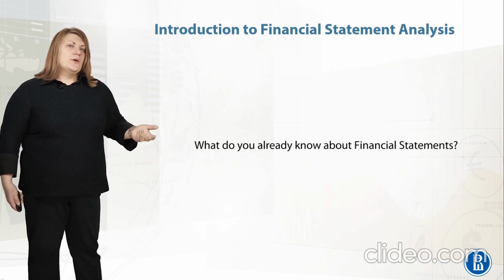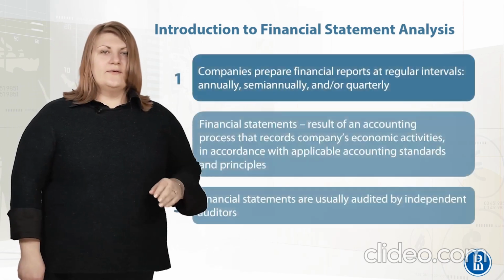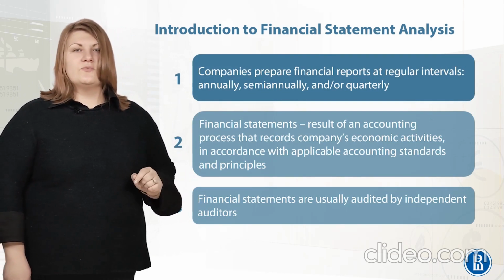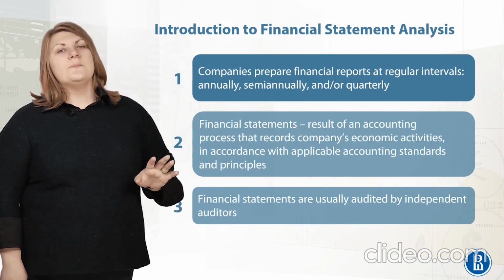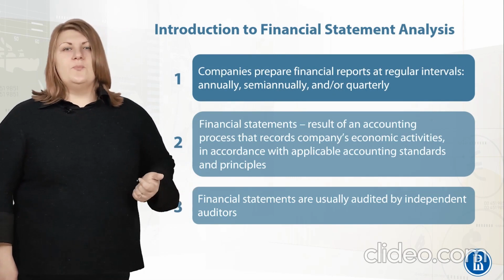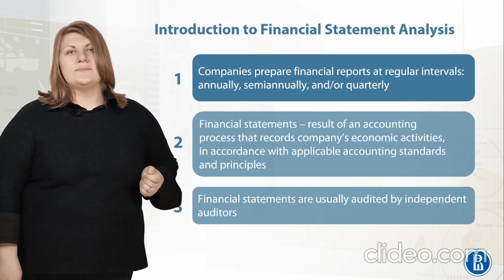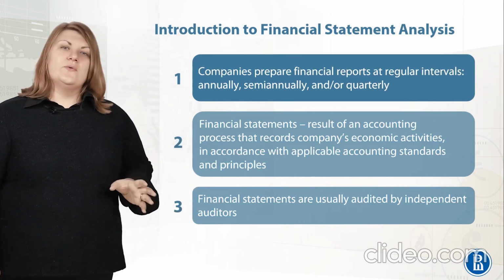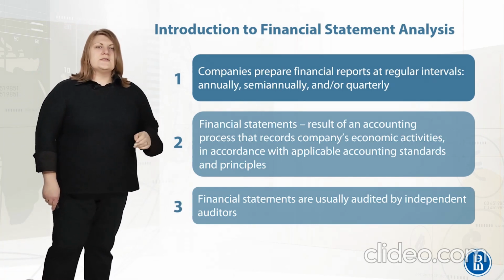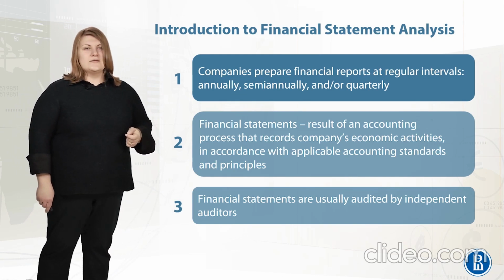Now, what do we already know about financial statements? Let's have a look. We know that companies prepare financial reports on a regular basis, which means that they will issue their reports annually, semi-annually, or quarterly, depending on the requirements. Second, financial statements are the results of the accounting process.